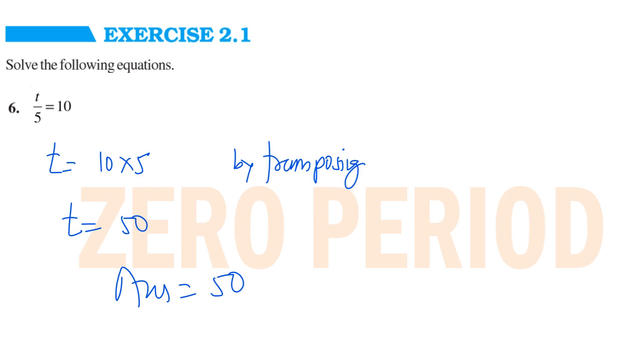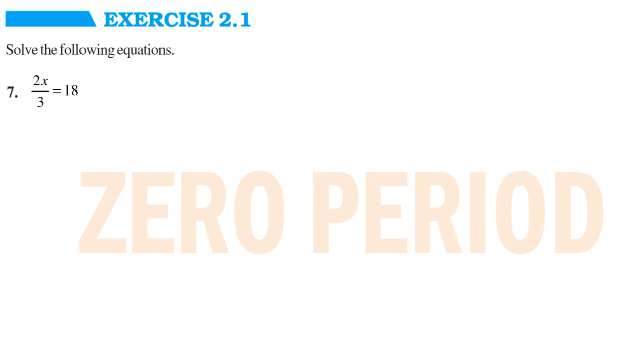Move to the next one. Seventh question, solve the following equation: 2x by 3 equal to 18. Now the variable is 2x in terms of x. I am just going to write the question again and transpose this 3 to the right hand side. So 2x will be equal to 18 into 3 by transposing.